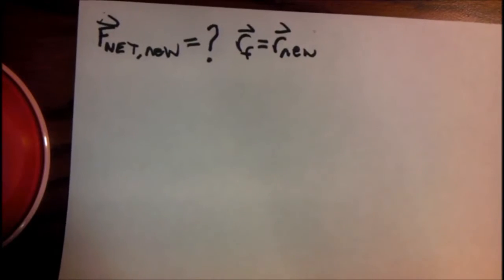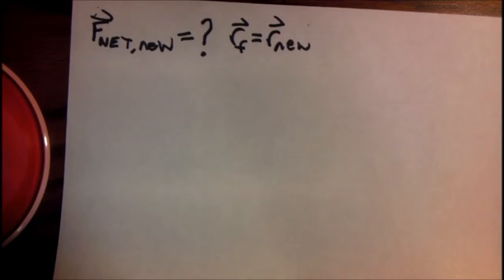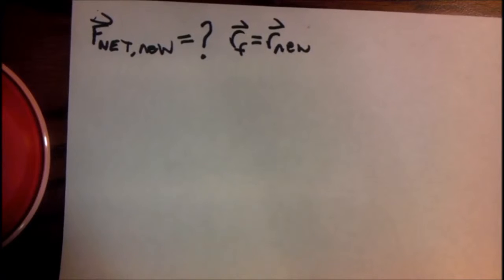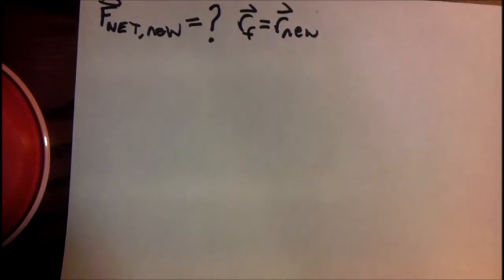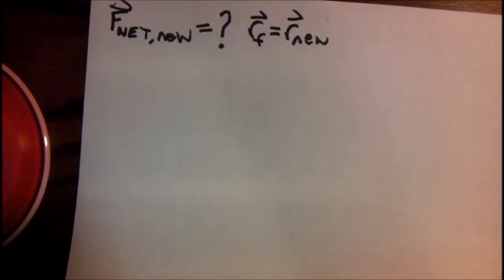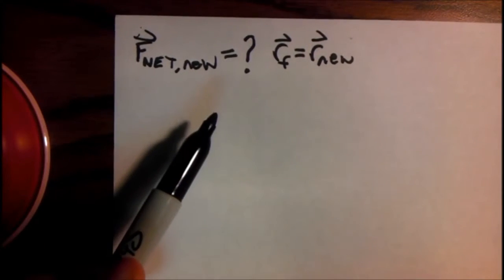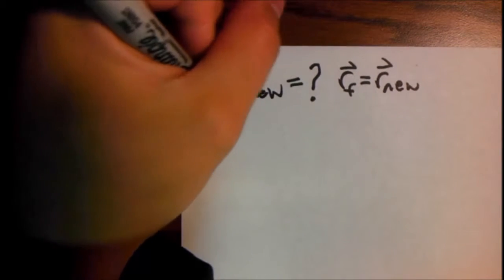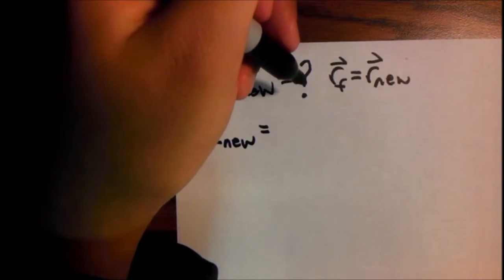Part D of problem 4 wants us to find the new force acting on the puck delta t seconds after we release it. So in terms of the problem, we want to call r f, which was our final position from the previous part, r new, and we're trying to find F net, new. To start with, we want to find the new length, which we call L new. This is a huge pain, but we will do it anyway.